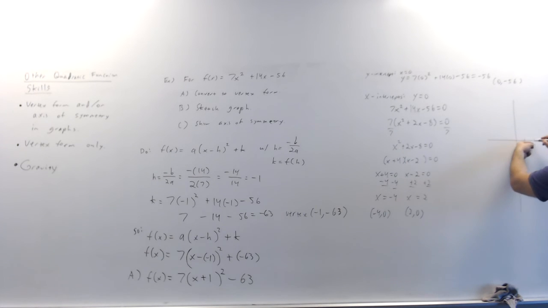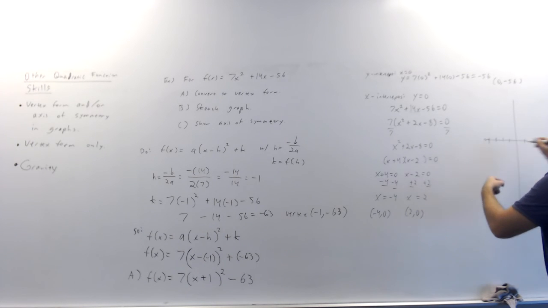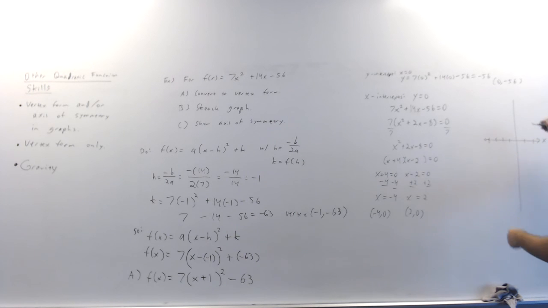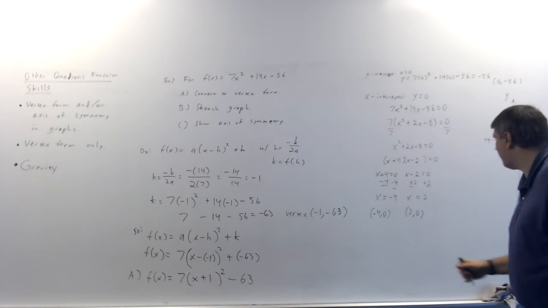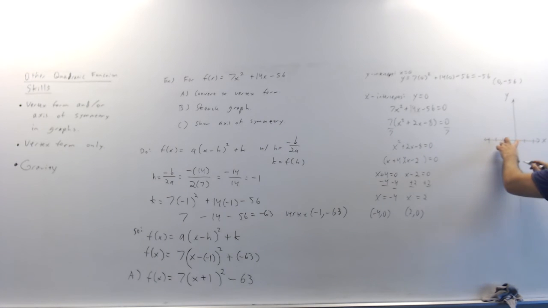So 1, 2, 1, 2, 3, 4. X, Y. All right. So I guess I propose to go by tens. Okay, I'll go by tens. I'll scale this out a little bit differently.